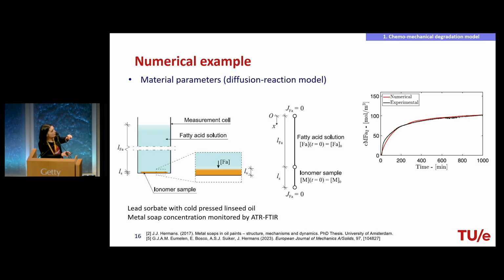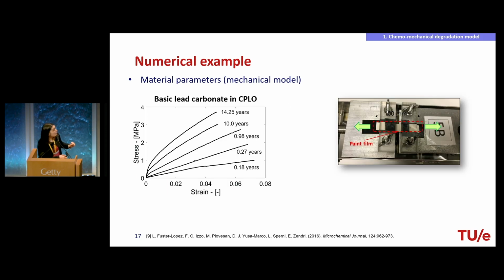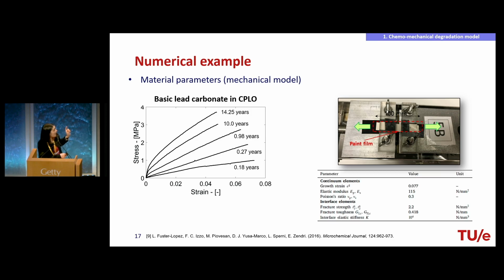And we could fit the numerical model to the experiments to find the parameters that we are using in the model. As for the mechanical properties, those are based on literature work, a paper from Laura and co-workers that relates to lead properties, and we calibrated both continuum properties and interface properties in this regard.